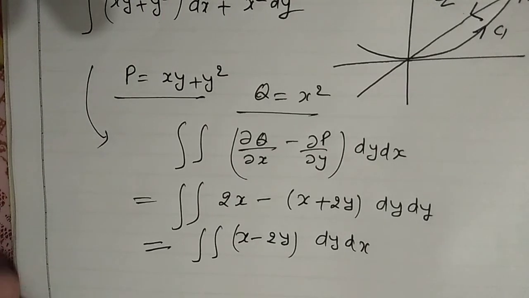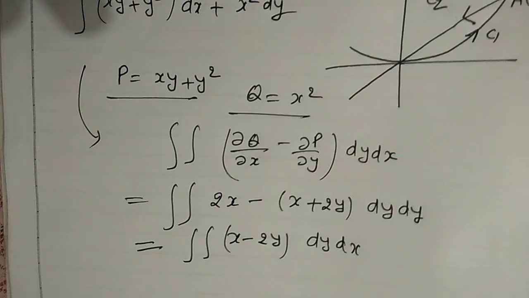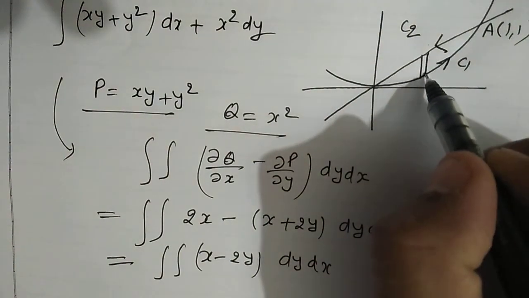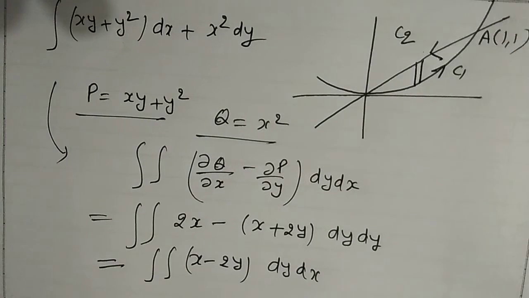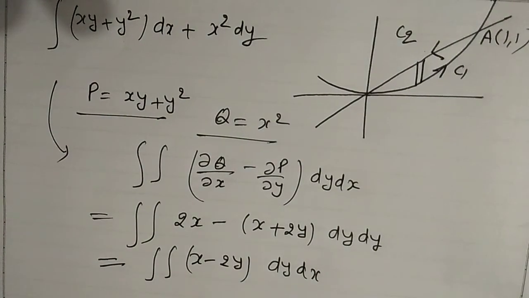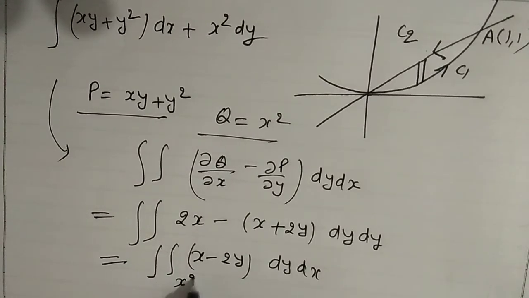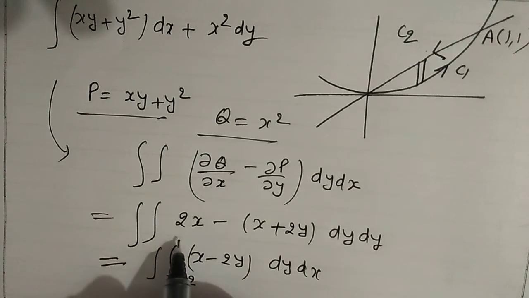Now we take the limit of y. For the y limit, we have to draw one line parallel to the y axis. So the lower limit will be the parabola and the upper limit will be the line. On the parabola, y is x square, and on the line, y is x.